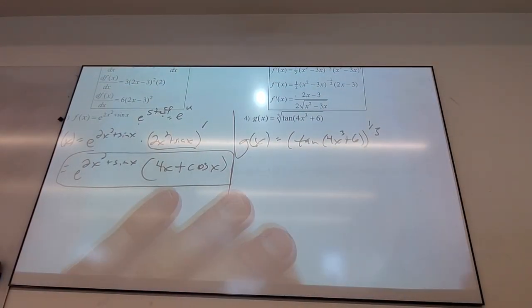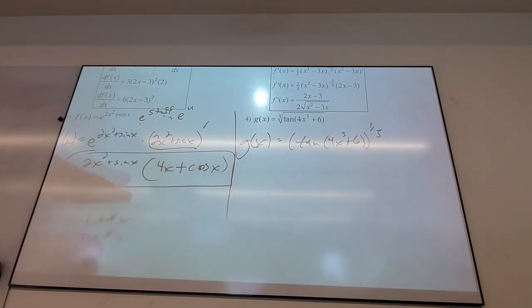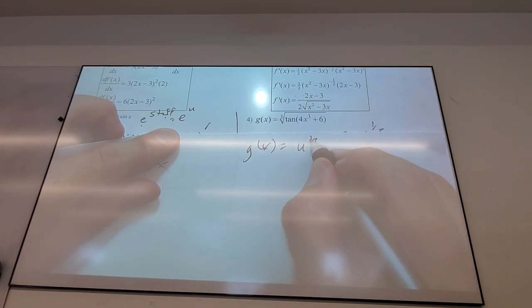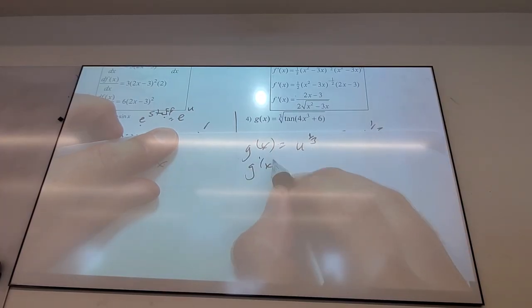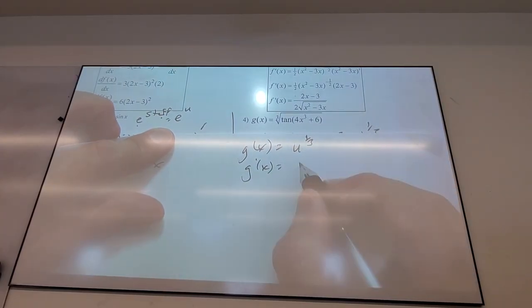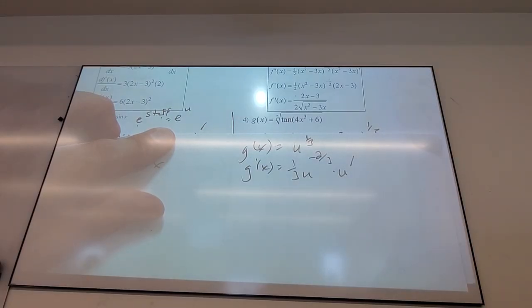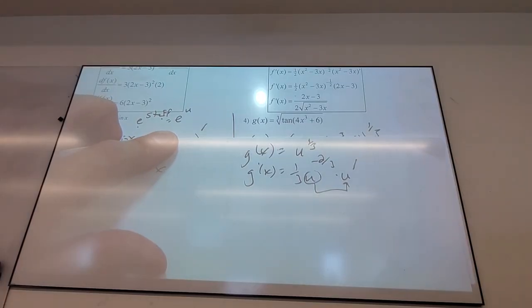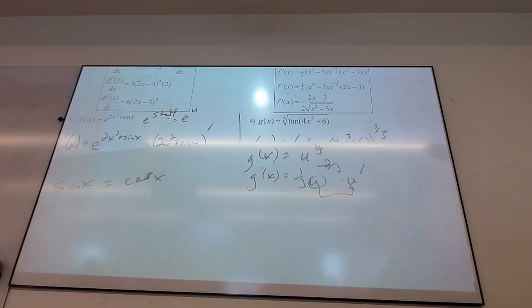Just to show you what that would look like, if I wrote this as u to the 1/3, what's the derivative of something to the 1/3? 1/3 u to the negative 2/3. I just have to remember I've got to multiply by u prime, the derivative of the inside. If you have to do that, that's fine.